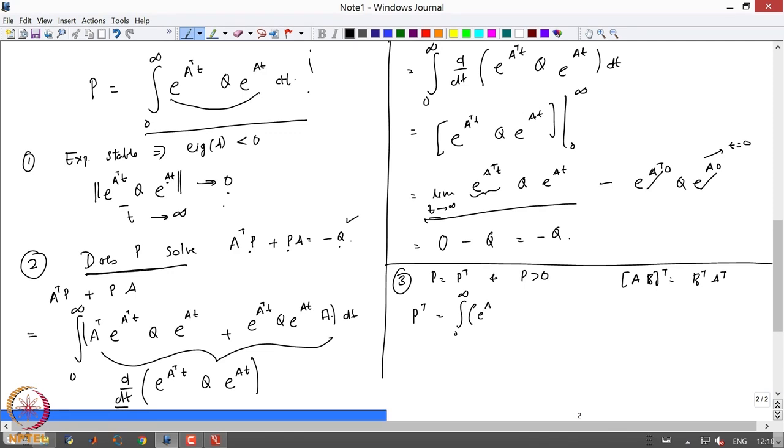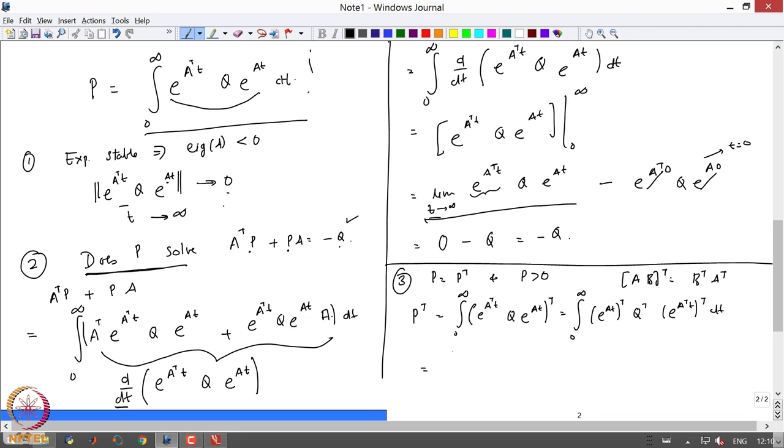I have e power A transpose t Q e power A t, the transpose of this. So, this will be 0 to infinity, the transpose of e power A t, Q transpose, e power A transpose t, the transpose of it.